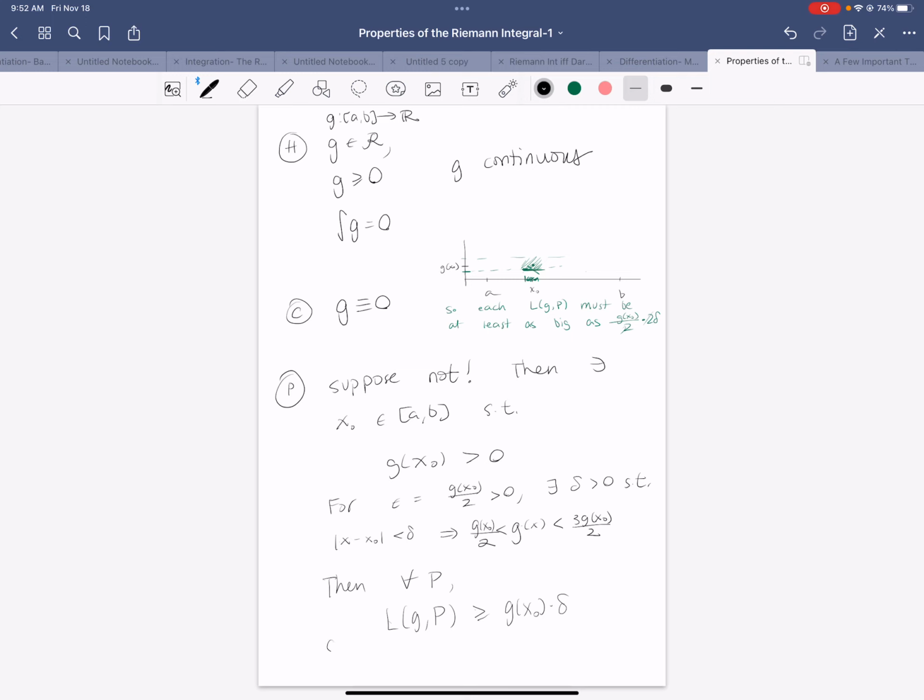Okay, so that means that the sup of all of these lower sums has to be at least as big as this, right? So my lower integral of G, which is the sup of all my lower sums, has to be bigger than or equal to G of X naught times delta, but that's bigger than 0, right? And this is my integral.